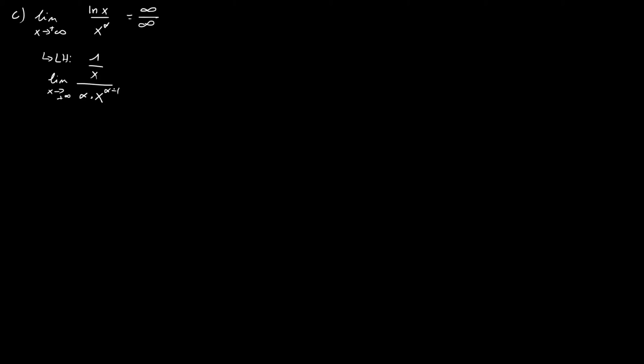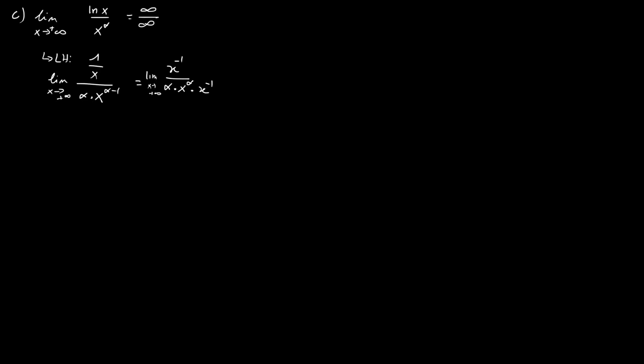We just have to massage this a little bit so that it turns into something we can solve. We could rewrite this as x to the power of negative 1 over alpha times x to the power of alpha times x to the power of negative 1. I just broke them up in parts, right? And then we calculate the limit of x approaching positive infinity.